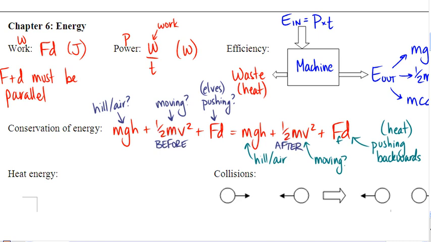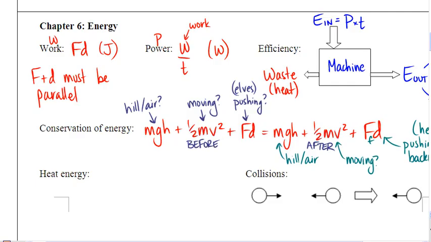Speaking of heat, looking at heat energy by itself, remember that heat energy is mc delta T, where m is your mass in kilograms. C is called the specific heat. It's a number that tells you how hard it is to heat something up.